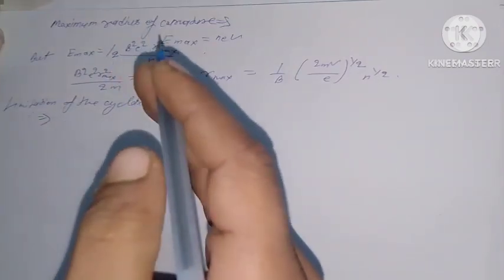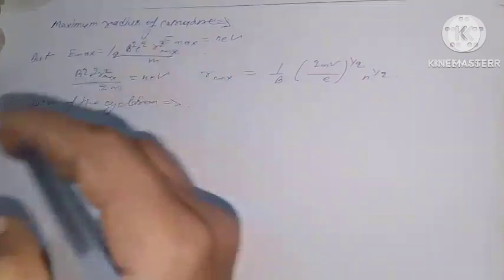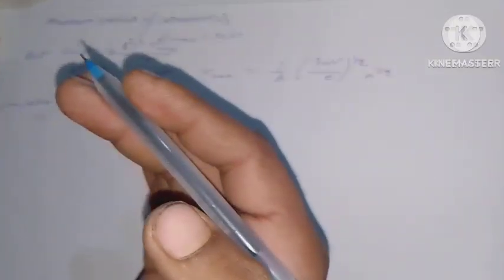The energy to which a particle can be accelerated in a cyclotron is limited due to change in mass with velocity.